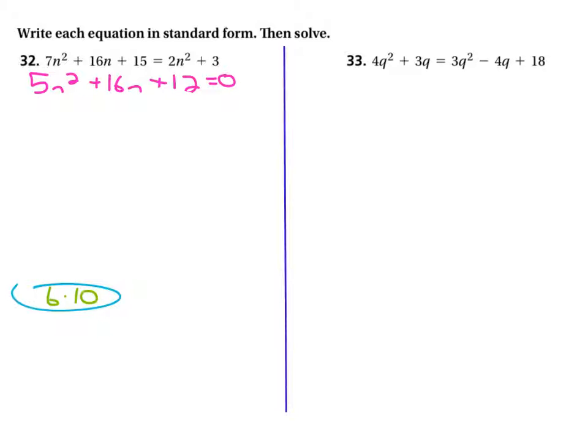And recall, hopefully you recall, how do we use that set of numbers? Well, we're going to rewrite the same thing again, except for the 16n term, we're going to break that apart into 6n, one of the numbers we just found, plus 10n, one of the other numbers we just found.